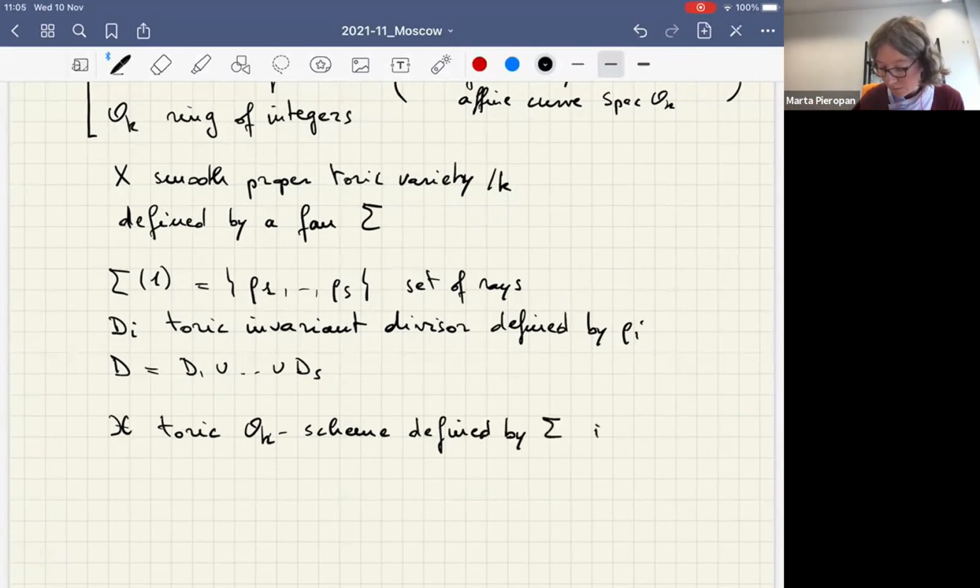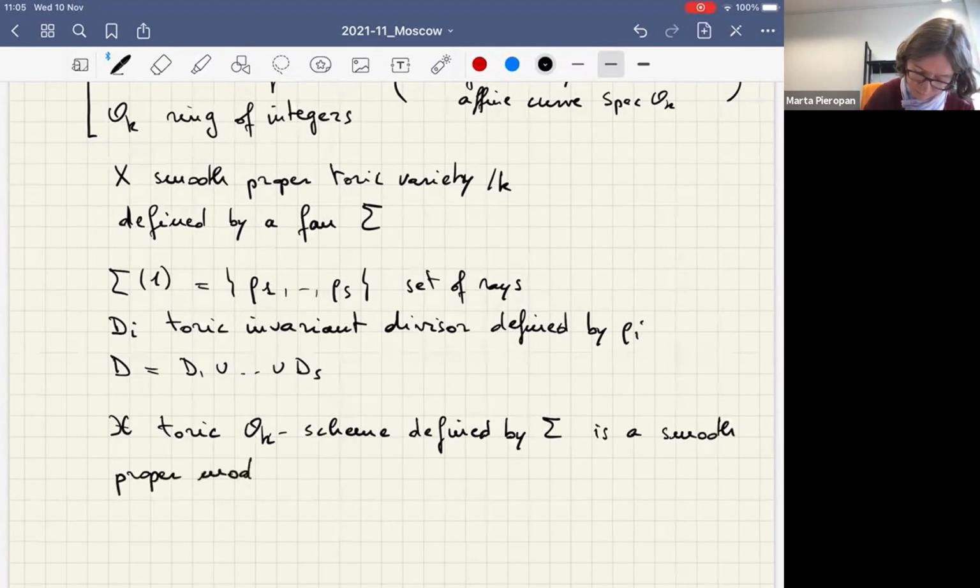And because of the choice of sigma, this is a smooth, proper model of my variety X over O_K. And we're going to work on this model.